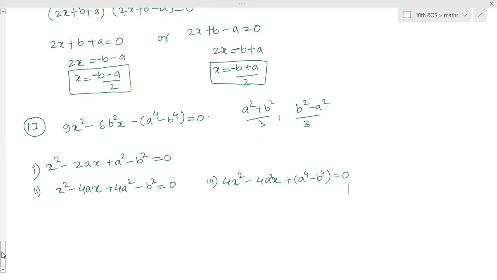Zoom is going on everywhere, there's no issue. Ma'am, KV is still taking Zoom only. 2a plus b and 2a minus b, ma'am. Yes, right. There are many rumors Zoom will stop, but nothing will happen.